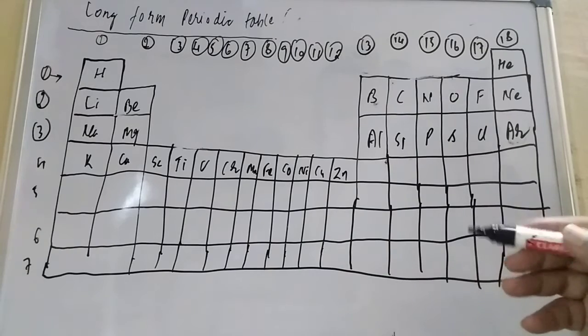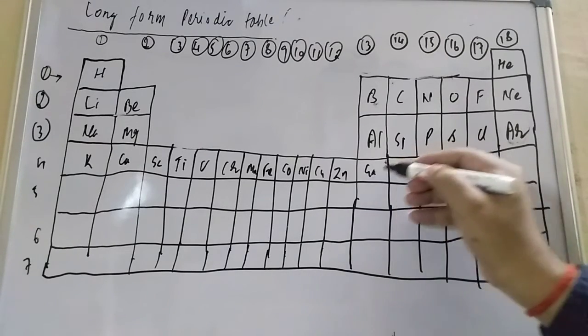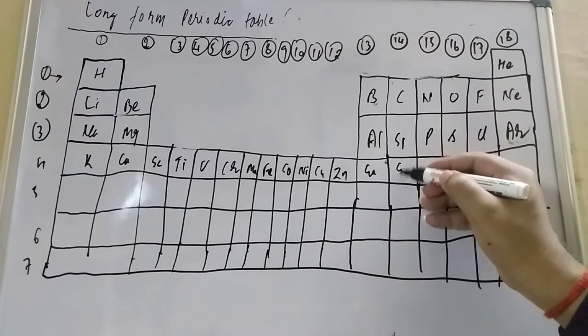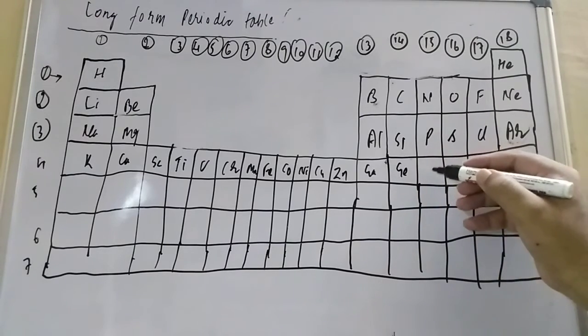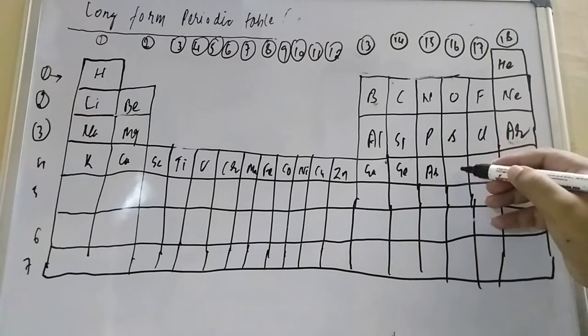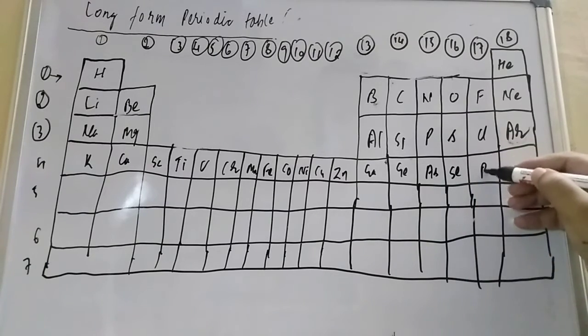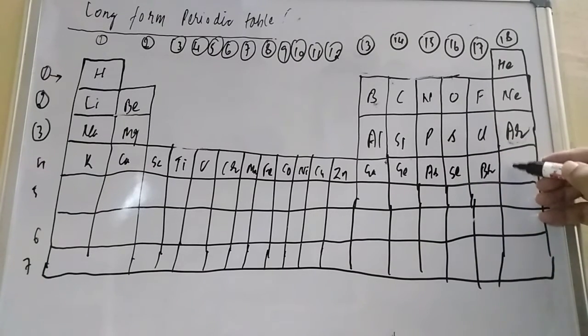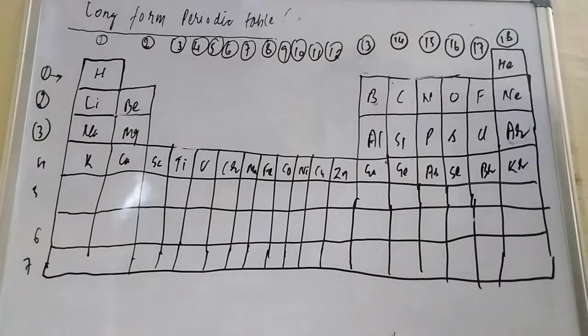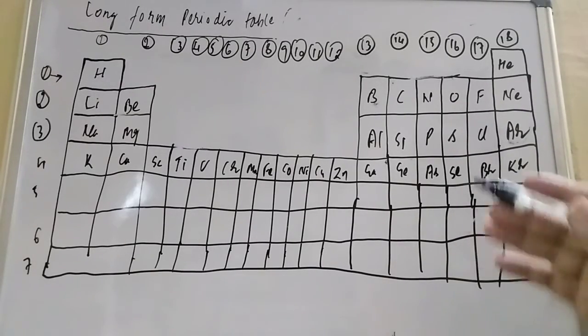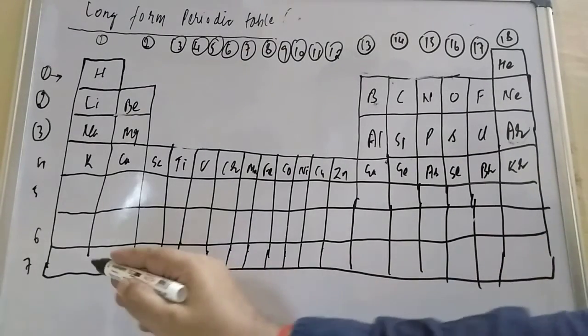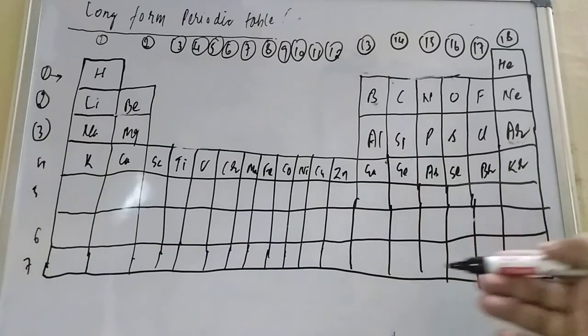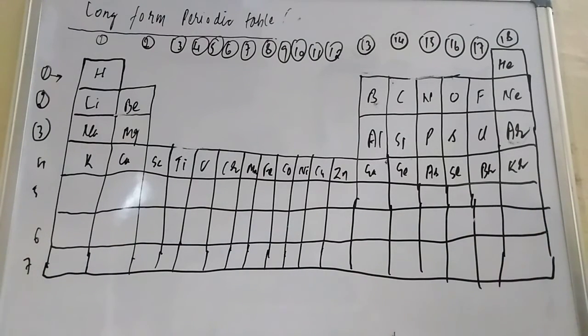Now here you can put gallium, germanium, arsenic, selenium, bromine, and here will come krypton. The other elements you can keep in mind, students; you need not memorize all the elements. If you can memorize, that is okay, but it is not compulsory.